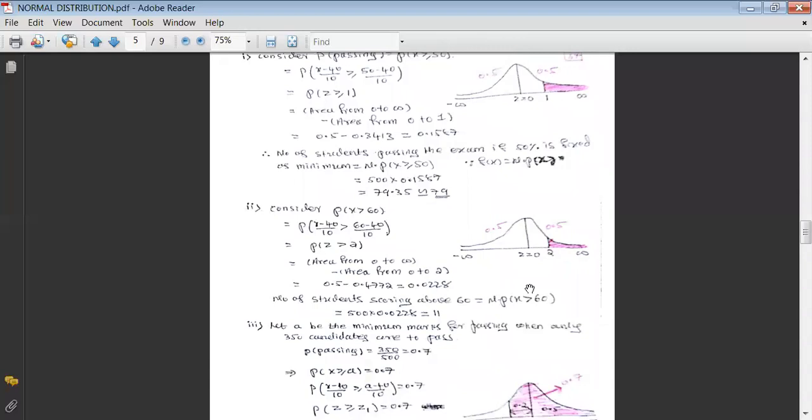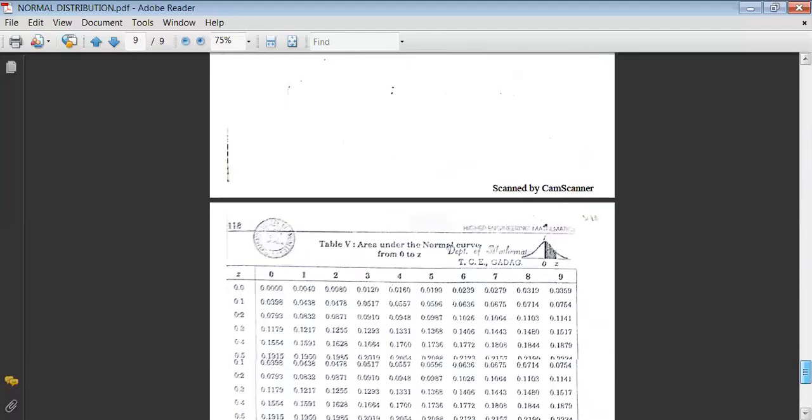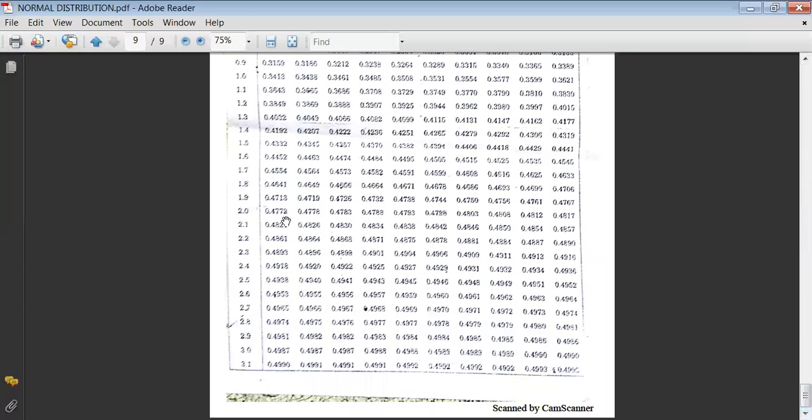Now, in the second case, we want how many students are scoring greater than 60. First consider the probability that the student's marks are greater than 60. Again, subtracting the mean and dividing by the standard deviation gives the probability of Z greater than 2. This can be computed as the area from 0 to infinity minus the area from 0 to 2. Reading the area from 0 to 2 from the standard normal table, its value is 0.4772.